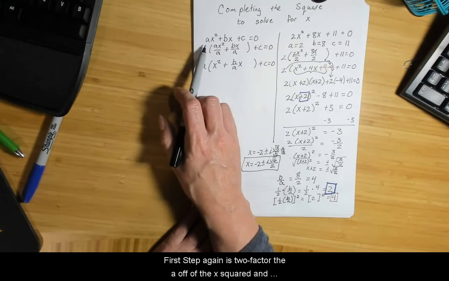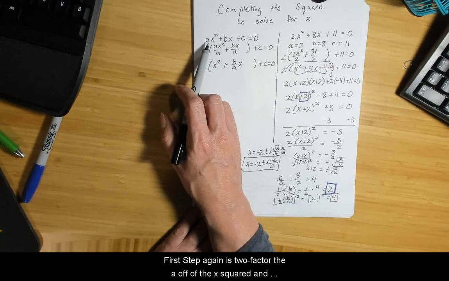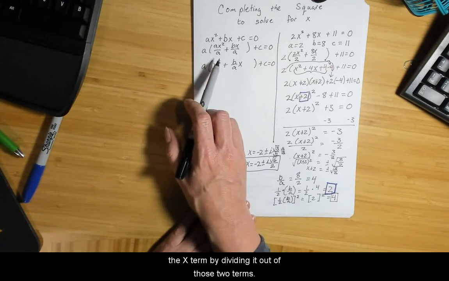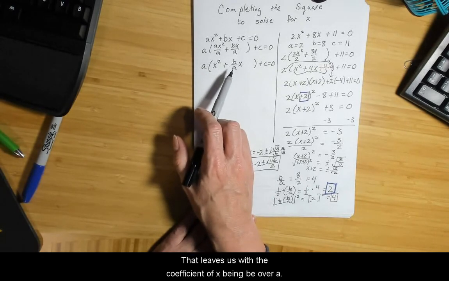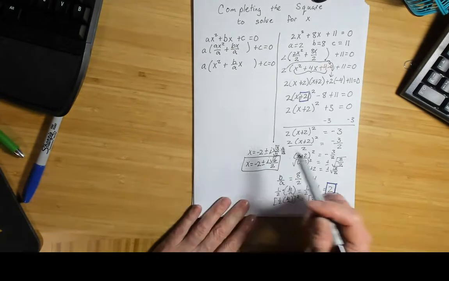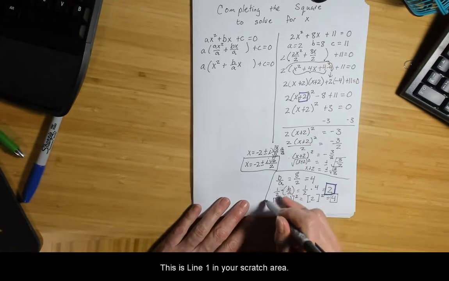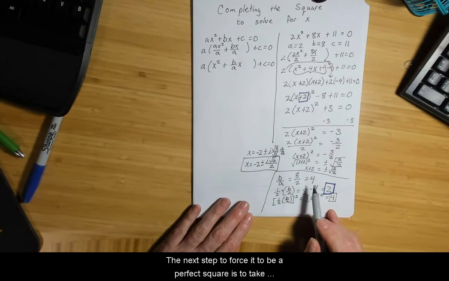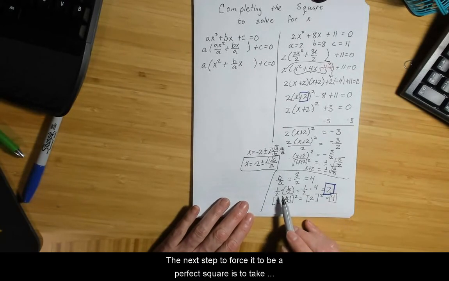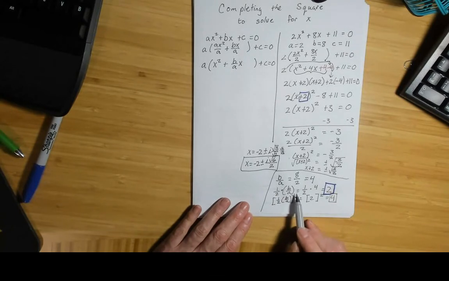First step again is to factor the a off of the x squared and the x term by dividing it out of those two terms. That leaves us with the coefficient of x being b over a. This is line 1 in your scratch area. The next step, to force it to be a perfect square, is to take half of b over a and square that value.